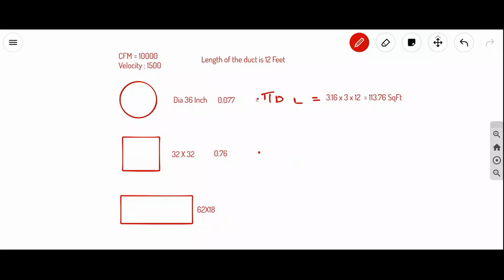Surface area of a rectangle is 2 into (width plus height) into length.